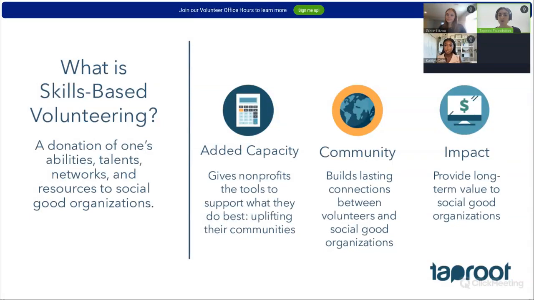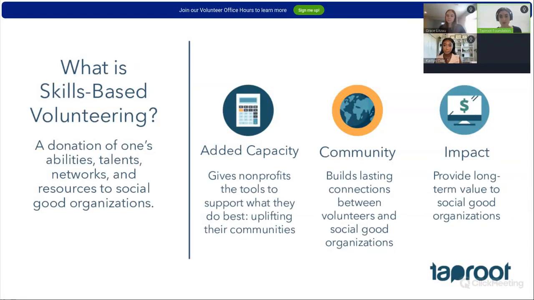So just to define what that really means to us here at Taproot. We define skills-based volunteering as a donation of one's abilities, talents, networks, and resources to social good organisations. You may also have heard it referred to as skilled volunteering or pro bono consulting, and all of these terms mean the same thing.